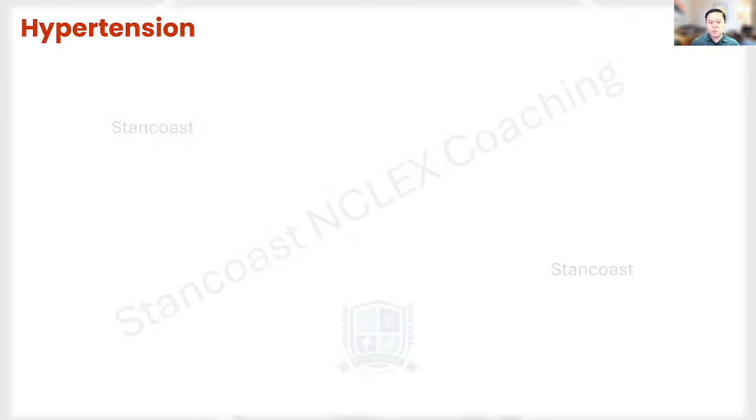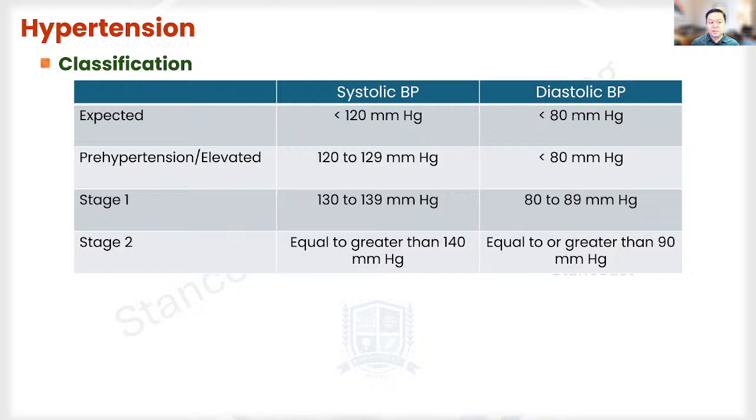I'm sure that you're quite familiar with this one already, but I just want to reinforce what you had learned in the past. Now, let's go into the different classifications of hypertension, and this is going to give you a better idea on the different levels and also the severity of the hypertension. Our reference here is on the different levels, especially for people aged 18 years old and above.